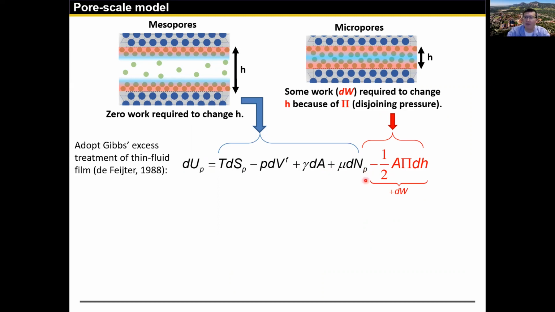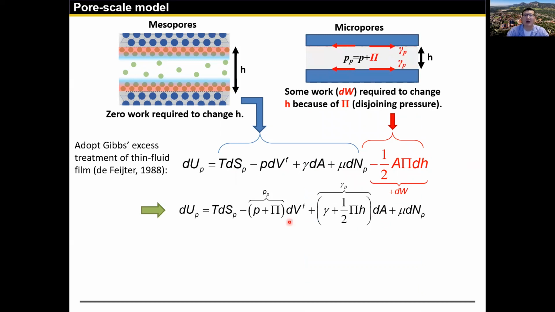So we write it in this format. It's a function of the pore size, with its conjugate force being the surface area multiplied by a pressure pi.